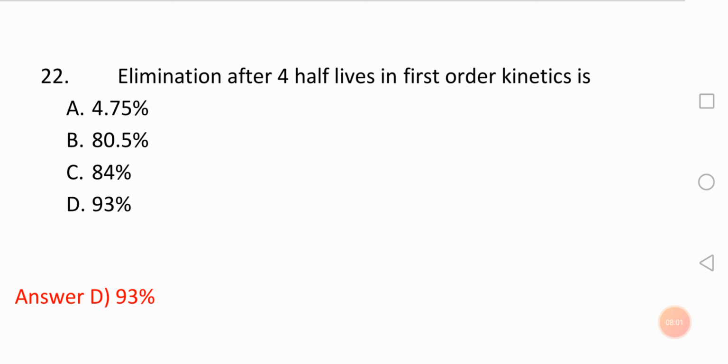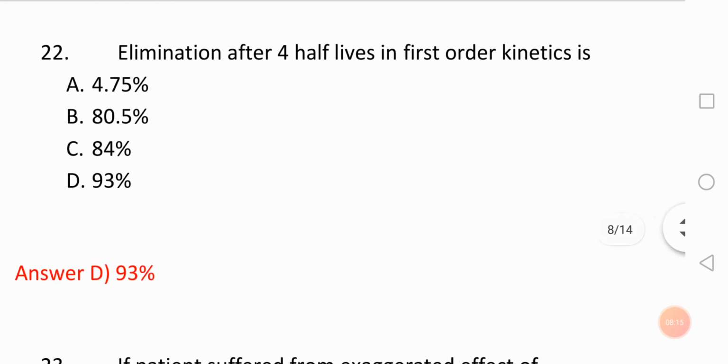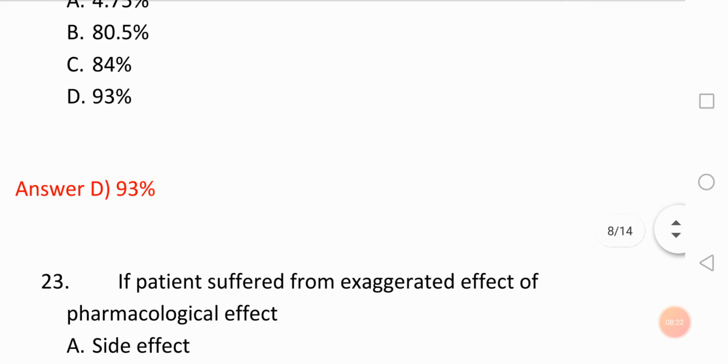In the first half-life 50% of the drug is eliminated, in the second half-life 75% is eliminated, in the third half-life a total of 87.5% is eliminated, and in the fourth half-life a total of 93% is eliminated. So the answer is D, 93%.